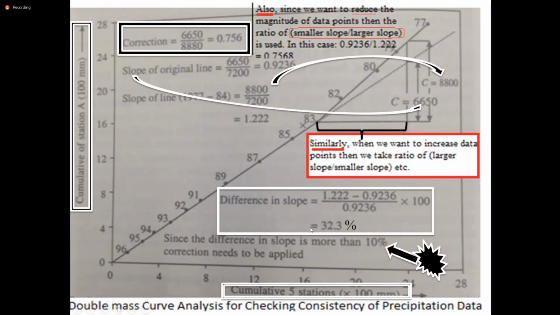But if the slope difference is more than 10%, then we must apply the correction and correct our data appropriately. But if you have time and you are only doing one station, I would say irrespectively correct it. Okay, so if there are no questions, then I want to move on. You will be given a problem, solving this type of problem for getting better understanding.